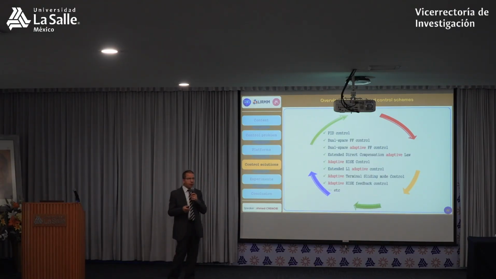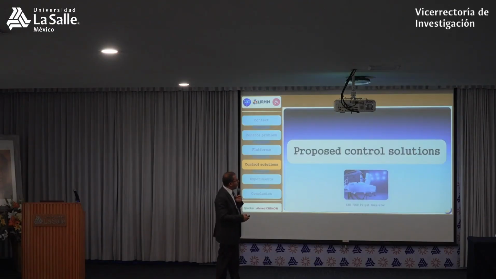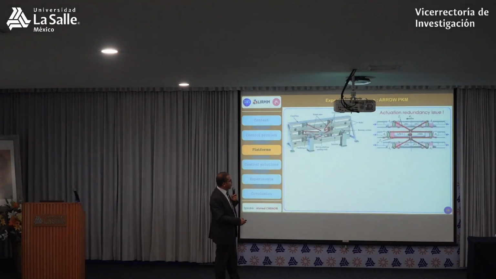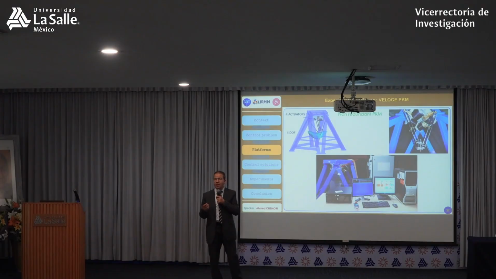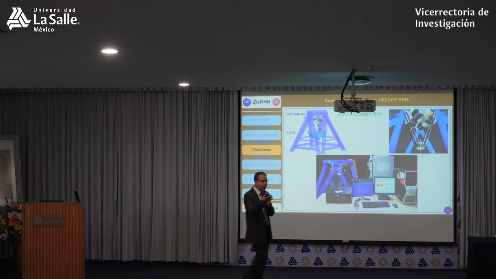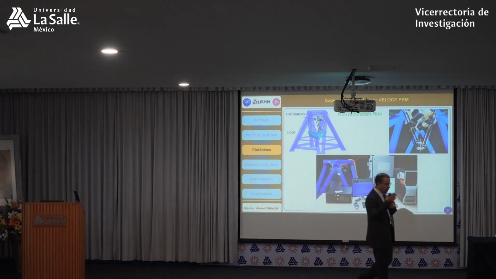Why adaptive? Because for all the applications that I have shown you before, we need a controller that is robust enough. Adaptive control is a robust controller, and it can manage the situation. Let me explain why we need this robustness. I give you a simple example for the pick and place.